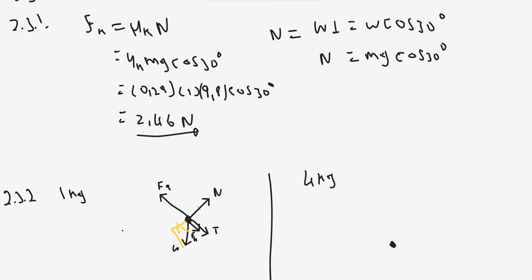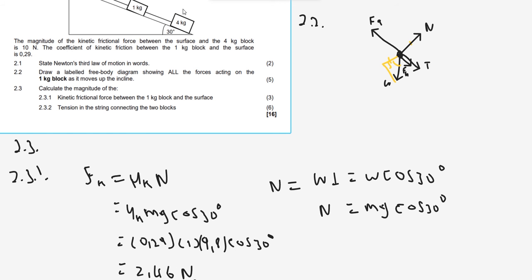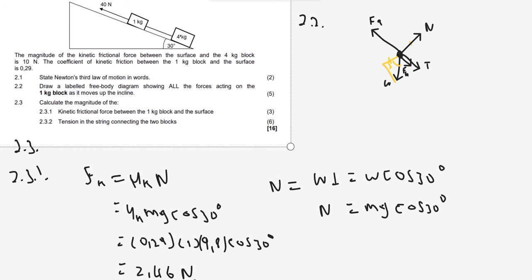So the free body diagram for the 4 kg block shows the forces that are acting on the 4 kg block. We have the weight, the frictional force acting on the side, and then we have the tension and the normal force. These are the forces that we need for our free body diagram.